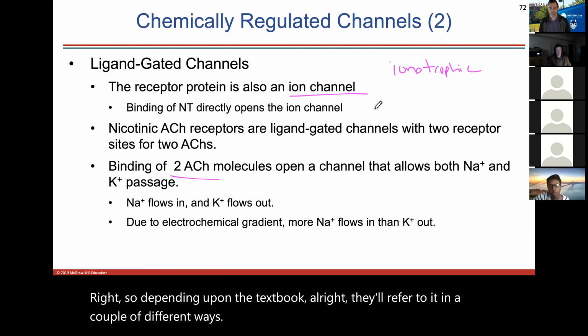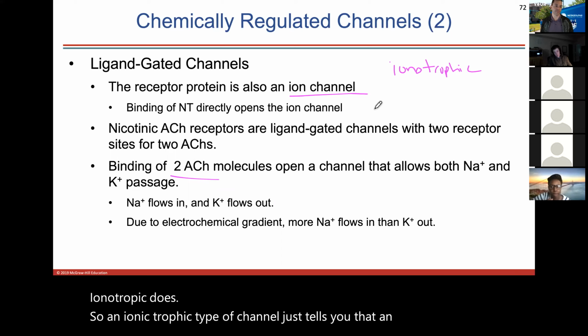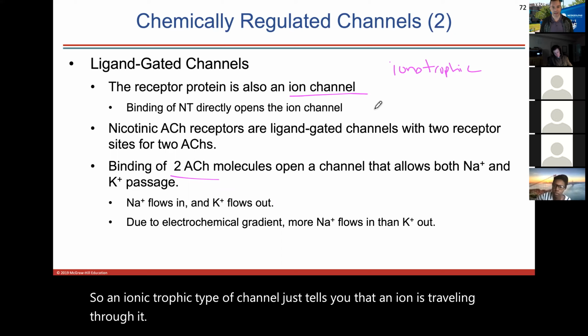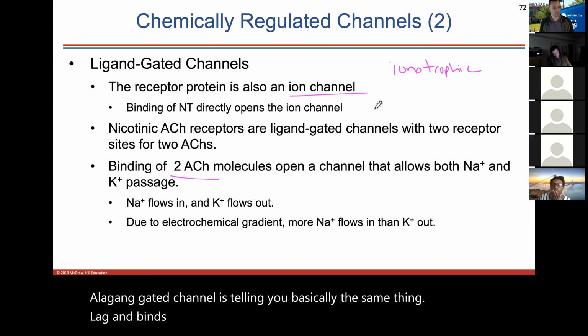Ligand-gated, ionotropic means in relation to an ion. So an ionotropic type of channel just tells you that an ion is traveling through it. A ligand-gated channel is telling you basically the same thing. A ligand binds to it and an ion runs through it.